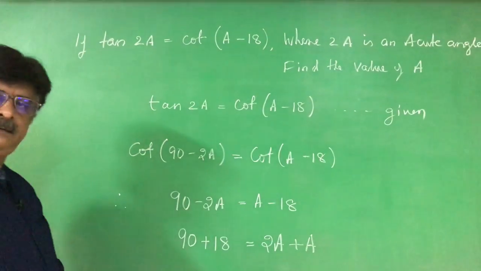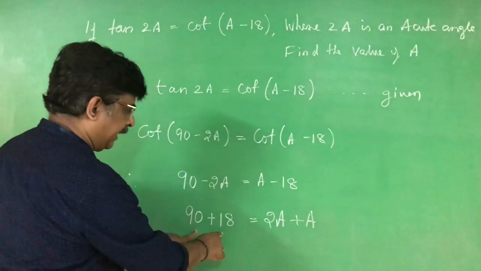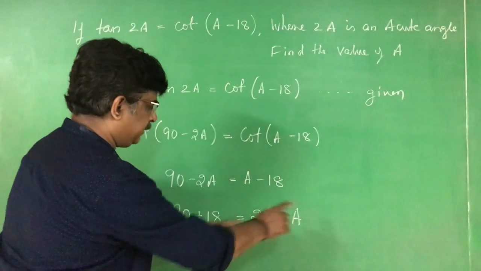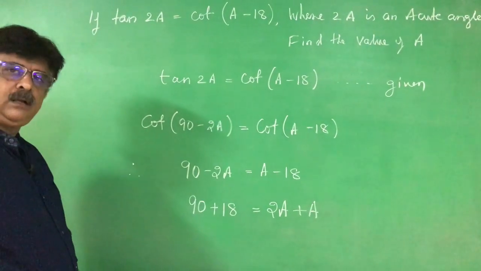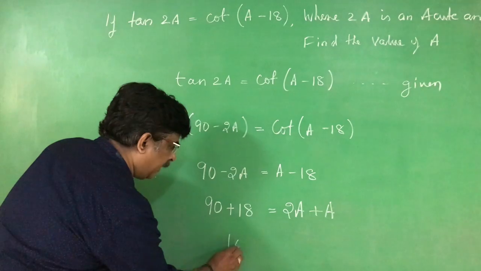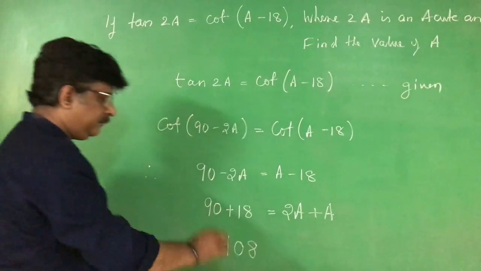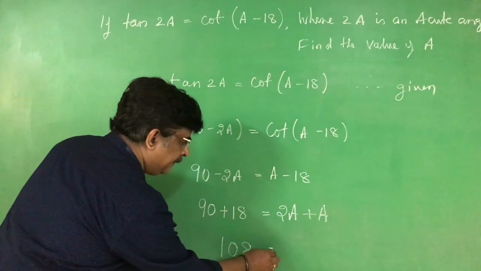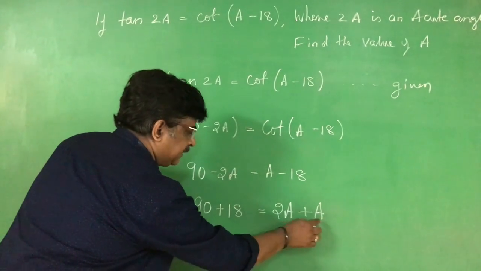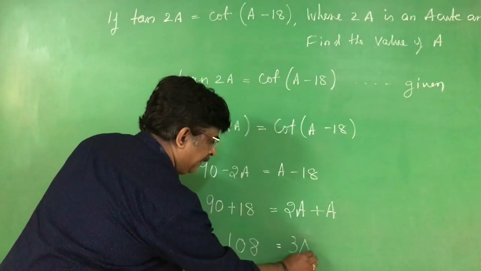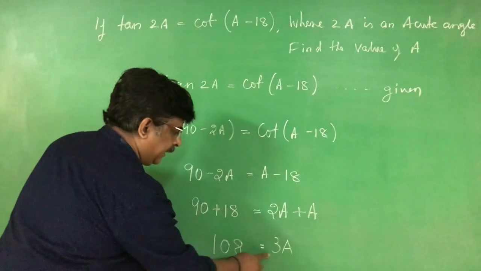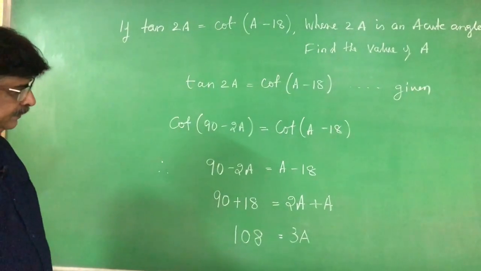See? 90 plus 18 is equal to 2A plus A. 90 plus 18 is what? 90 plus 18 is 108, equals 2A plus A, which is 3A. 108 is equal to 3A, right?